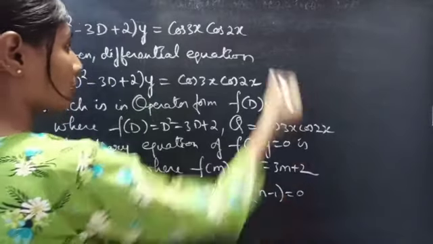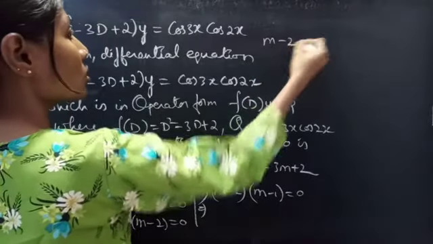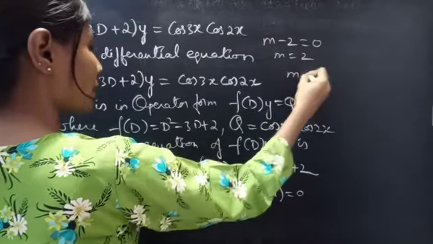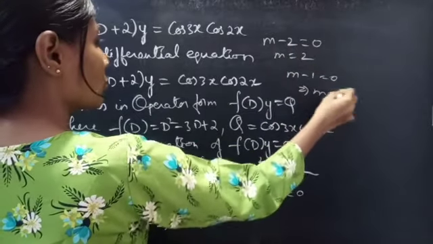Now we equate each factor to 0. If you equate the first factor to 0, you'll get m = 2. If you equate the second factor to 0, we'll get m = 1.